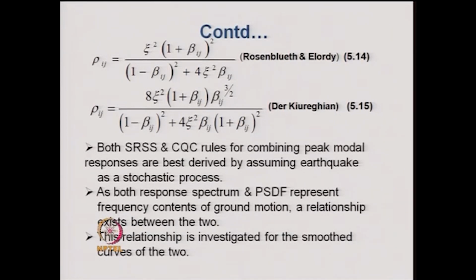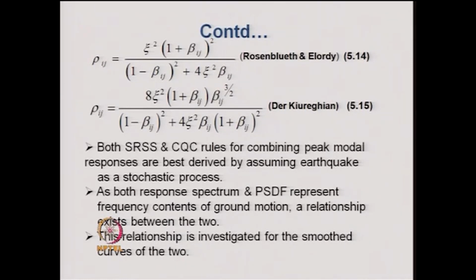So, the CQC rule can be easily implemented in place of the SRSS rule, and that is done for cases where we find the two frequencies are very close to each other in a particular structure, and one can compare the values of the responses obtained using the SRSS rule and CQC rule for any given problem.